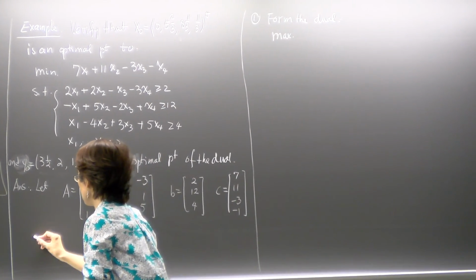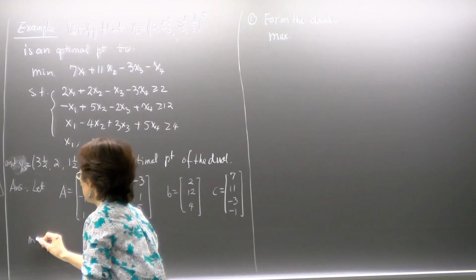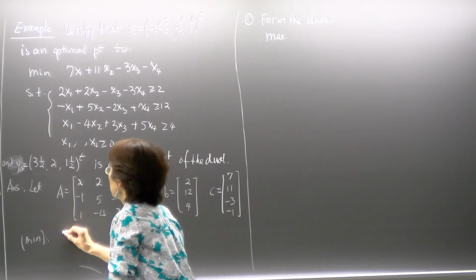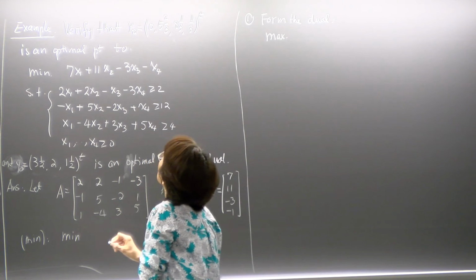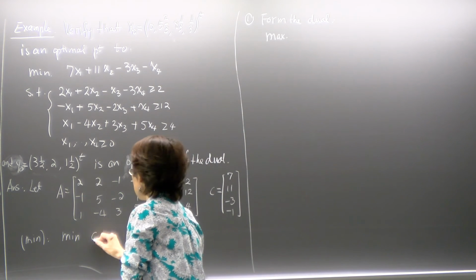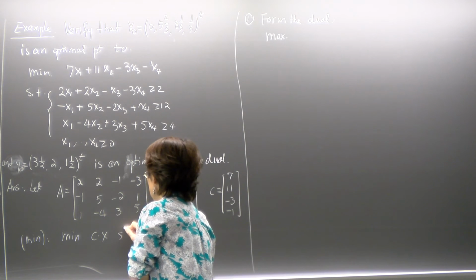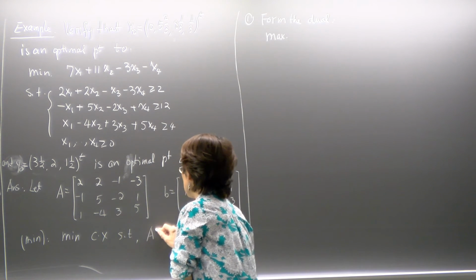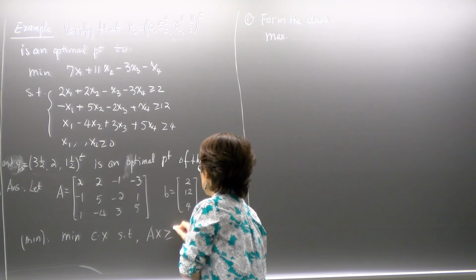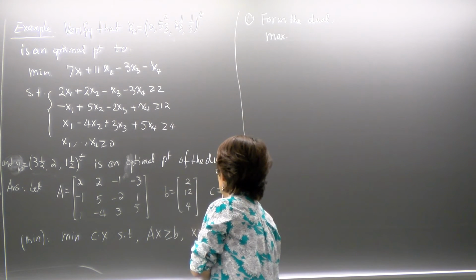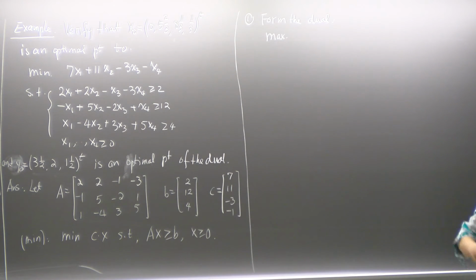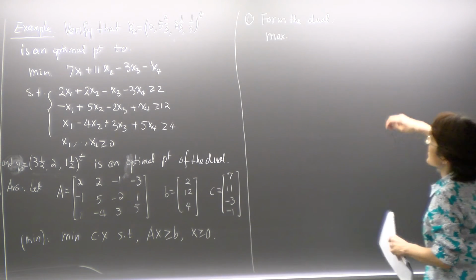So I rewrite the original problem: minimizing c dot x subject to Ax bigger than or equal to b, x bigger than or equal to 0.